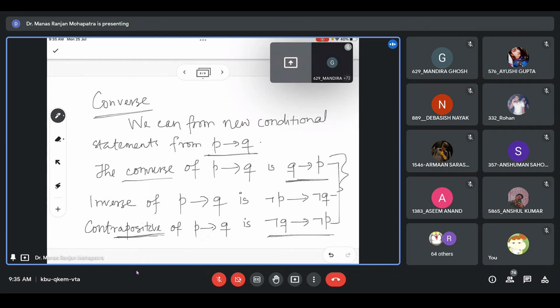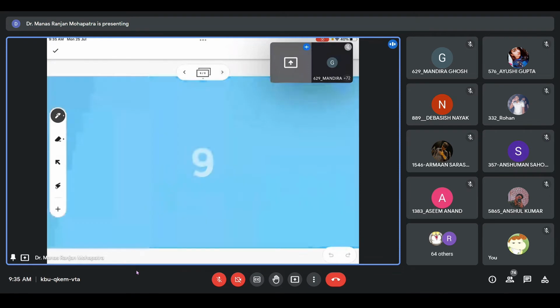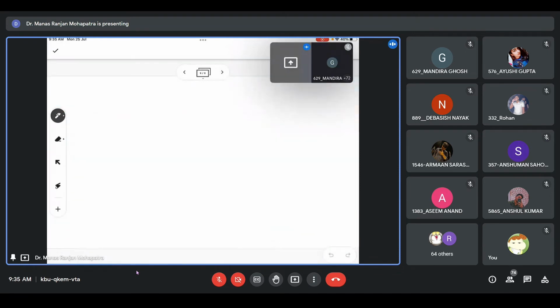Now, what are the truth values of the converse, inverse, and contrapositive? Let me construct a big truth table, and I'll write the truth values of all those statements.